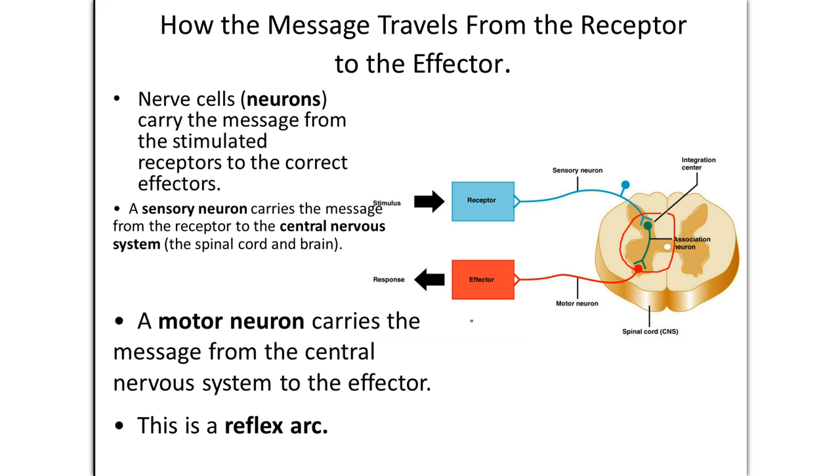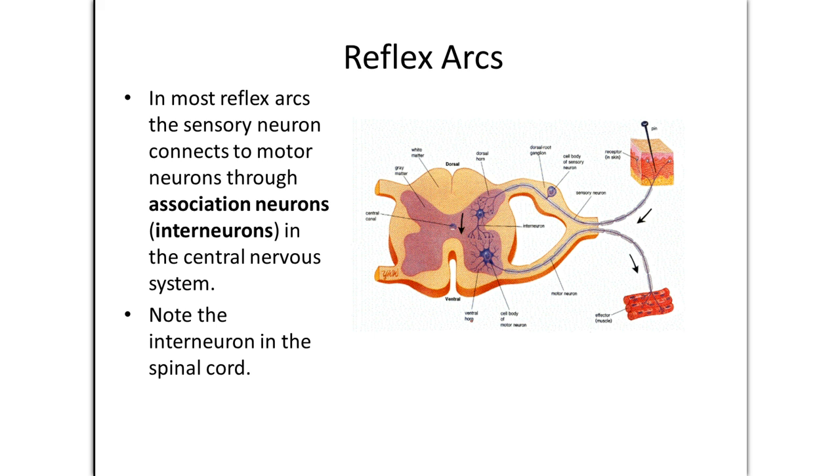This is known as the reflex arc. The main connector here is these special kinds of neurons, which are known as interneurons, that reside in the spinal cord and sort of direct the information to the correct spot.